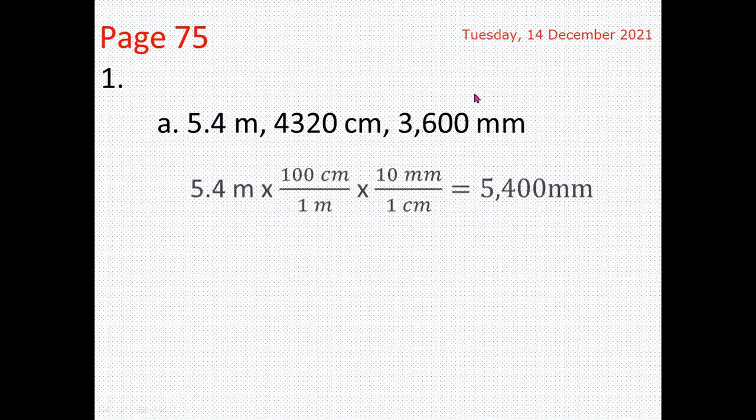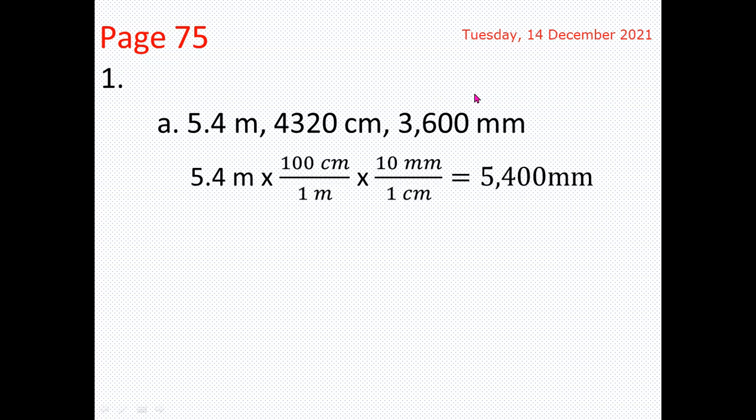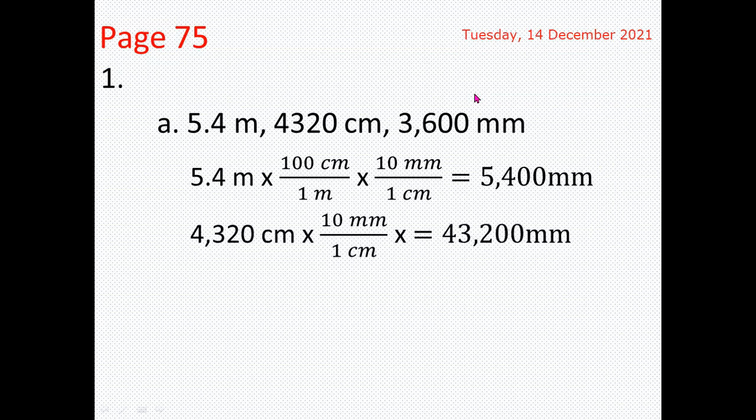Therefore, 5.4 meters is equivalent to 5,400 millimeters. Then the second one, 4,320 cm, converted into mm, will be 43,200 millimeters.